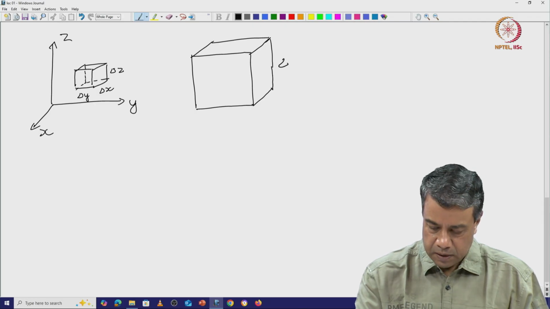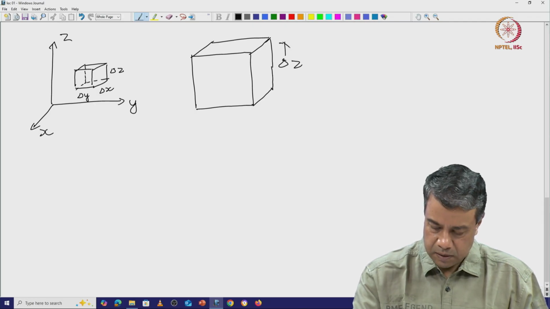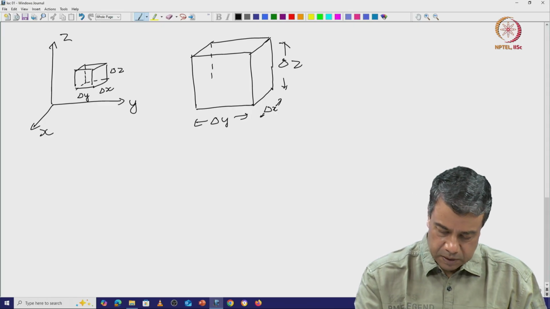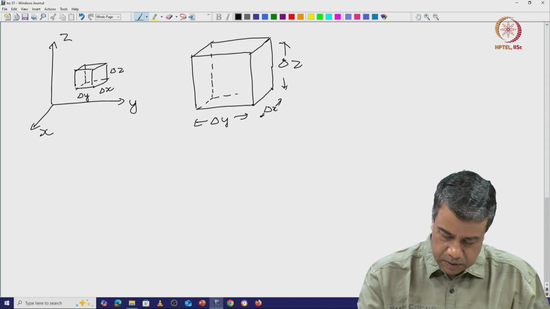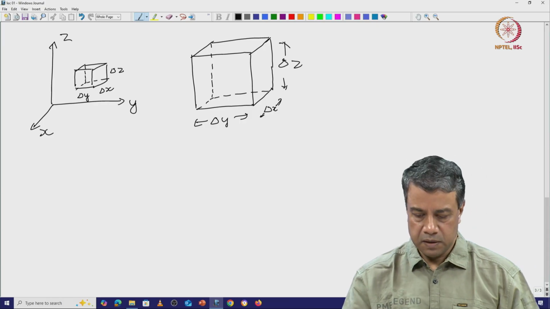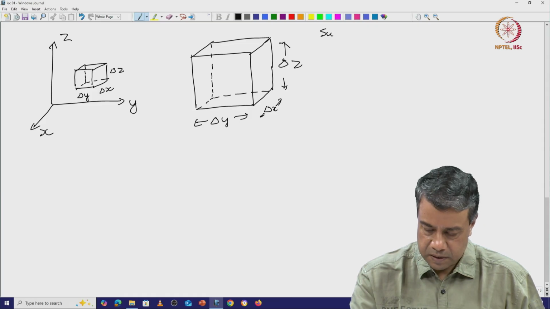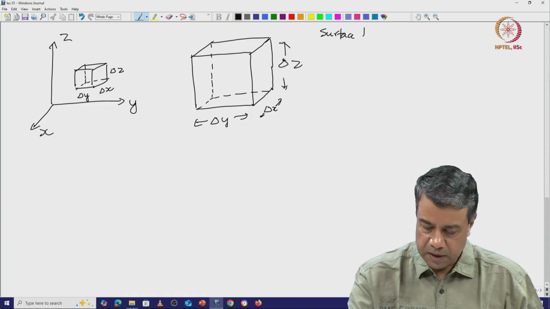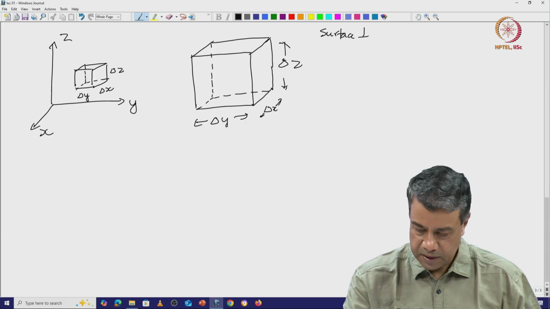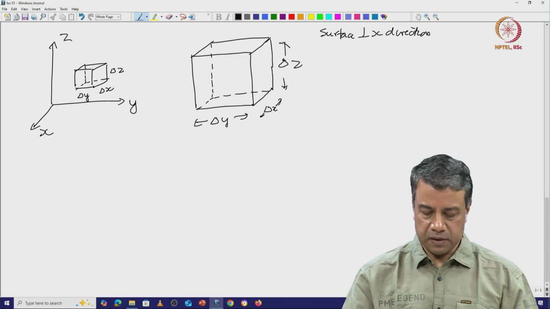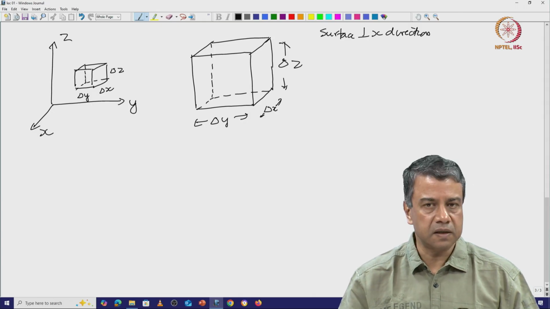Delta z, delta x, and this is delta y. So, surfaces perpendicular to the x direction are the front and the rear surfaces.